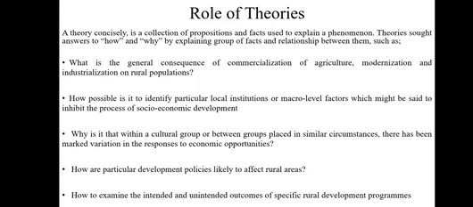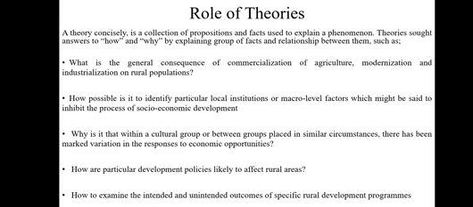So theories provide explanation to some questions, like what is the general consequence of commercialization of agriculture, modernization, and industrialization on rural populations? And how possible is it to identify particular local institution or macro level factors which might be said to inhibit progress of social development?